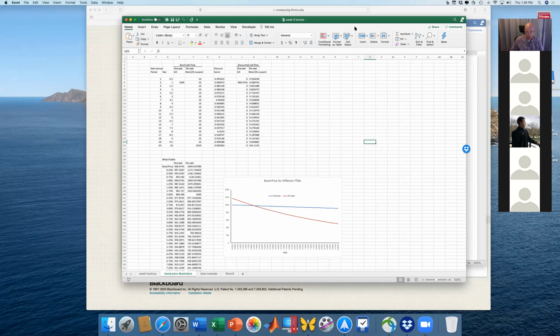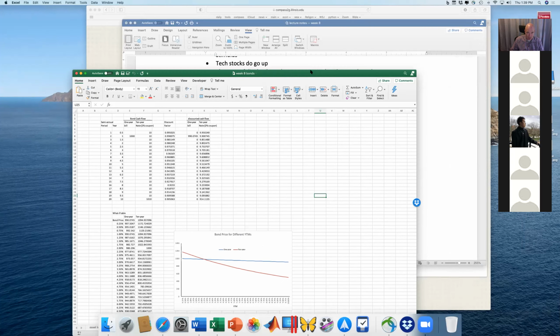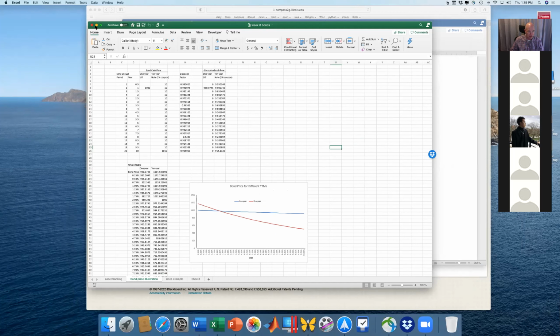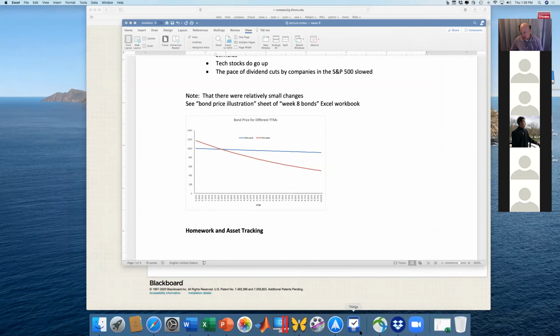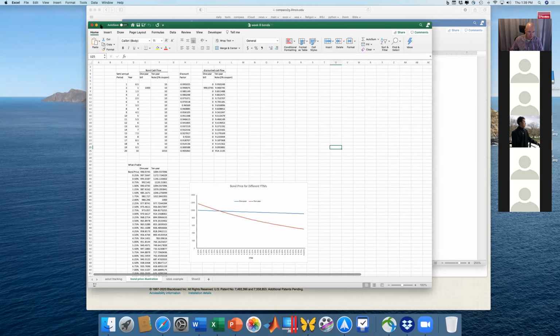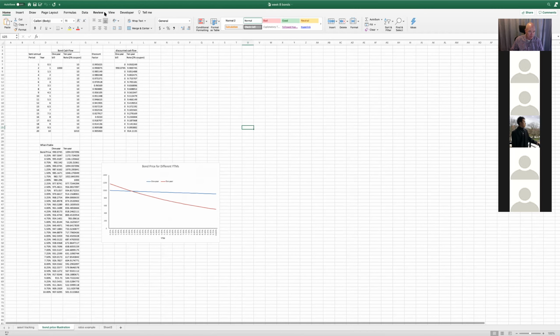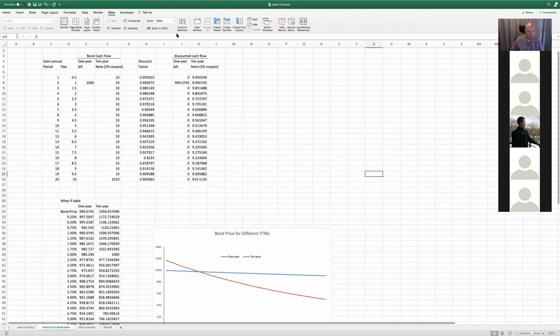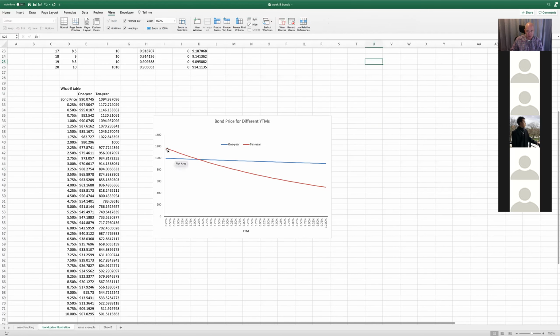The sheet is called Week 8 Bonds, so that's where you'll find that. I'm going to blow this up and zoom in. I want to show you how I created this graph. Here's the graph.